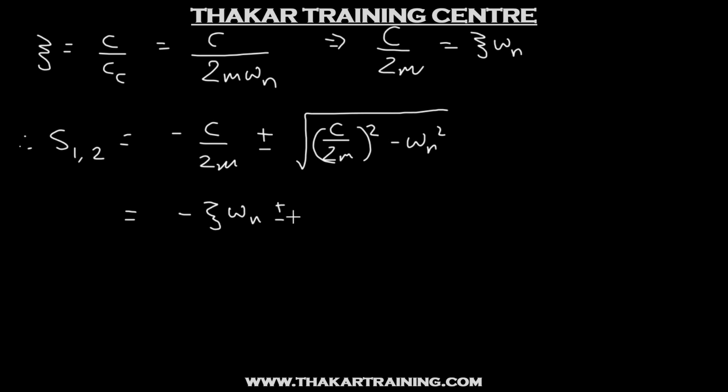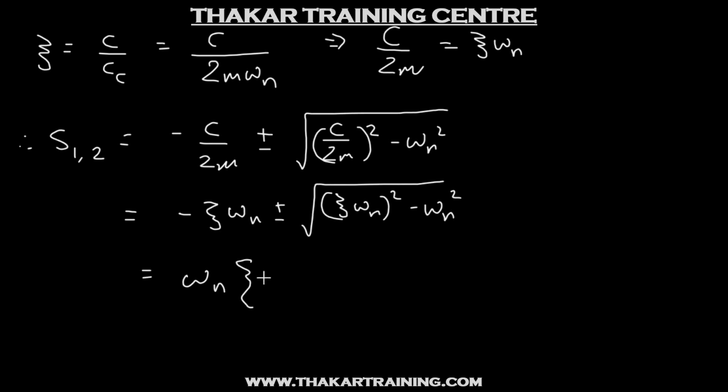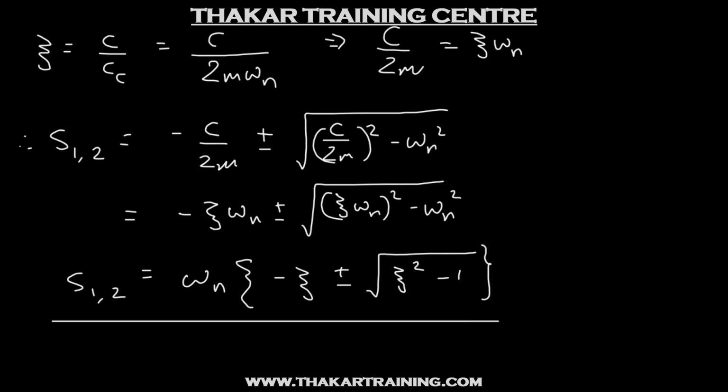So this is zeta omega n square minus omega n square. This omega n square will come out as omega n, and then we have omega n common. This is minus zeta plus or minus under root zeta square minus 1. Alright. So these are the roots of the auxiliary equation.